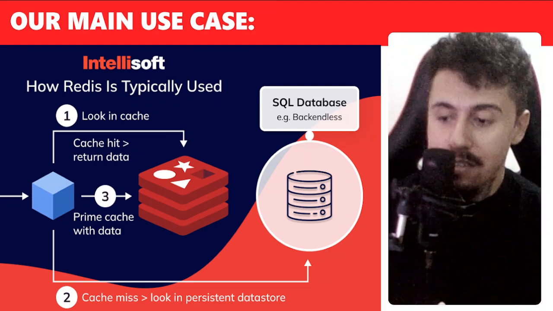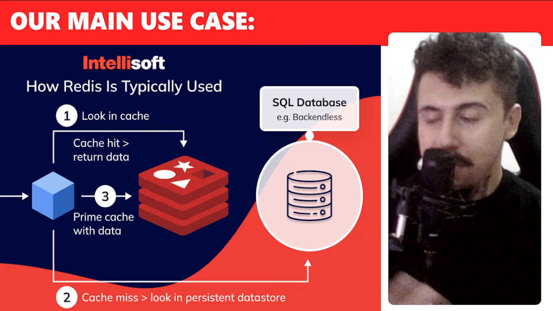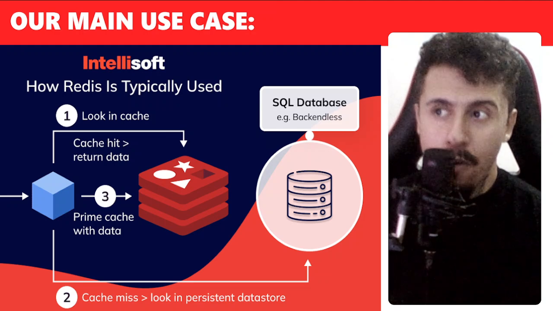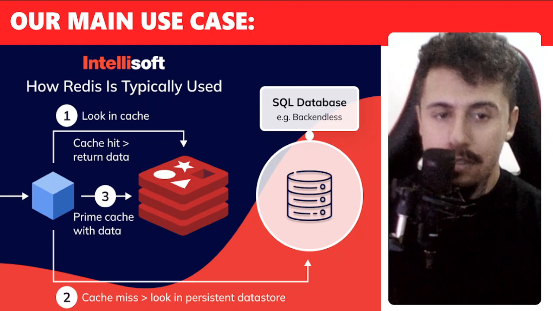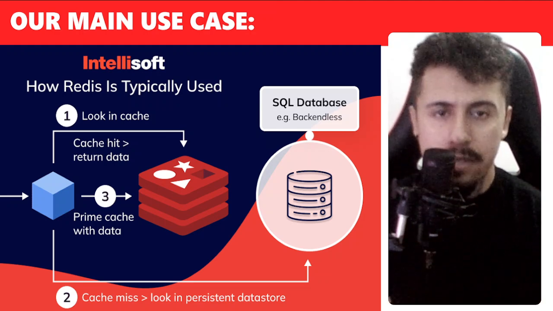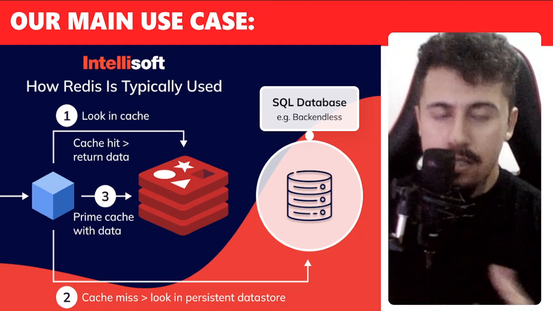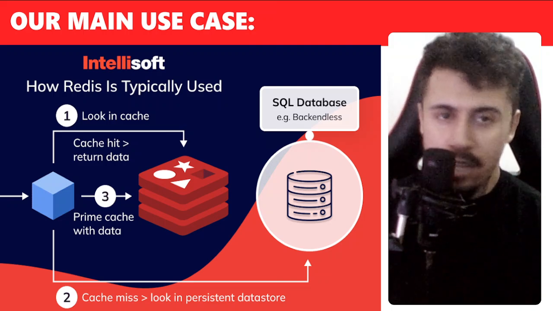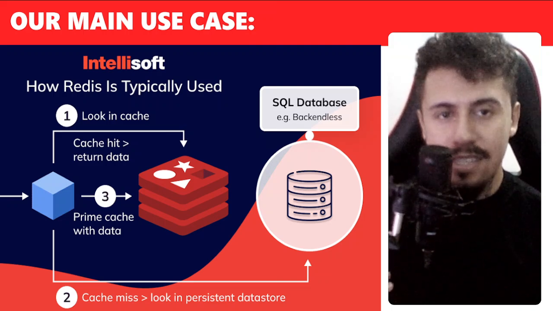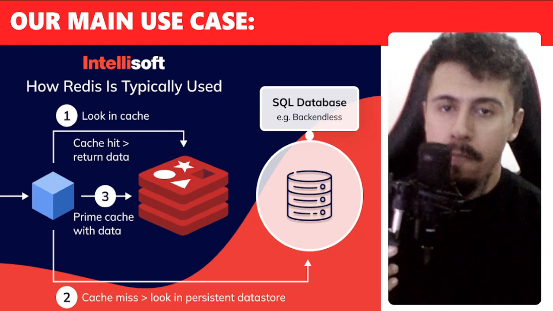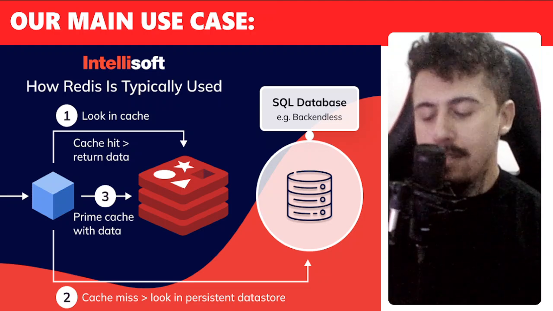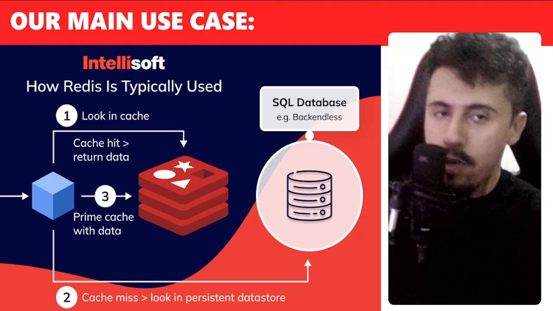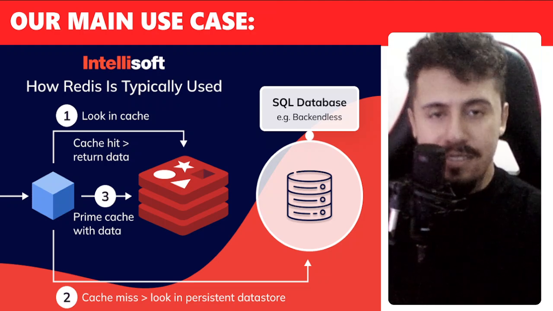Some endpoints, some methods, some services, depending on how much time it takes to return the data, just throw a timeout error and do not return the data, so it doesn't work. These are the main things you need to know about Redis to get started.